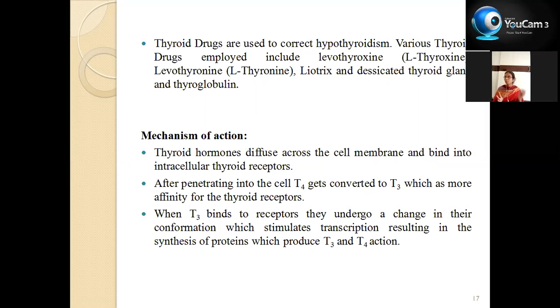Here T4 is converted into T3, and the T3 binds to the receptors and undergoes changes which result in the synthesis of proteins that produce the T3 and T4 action. So this is the mechanism of action of the thyroid drugs.